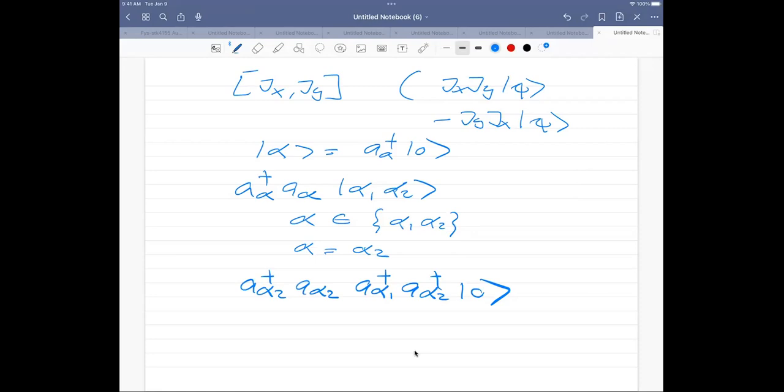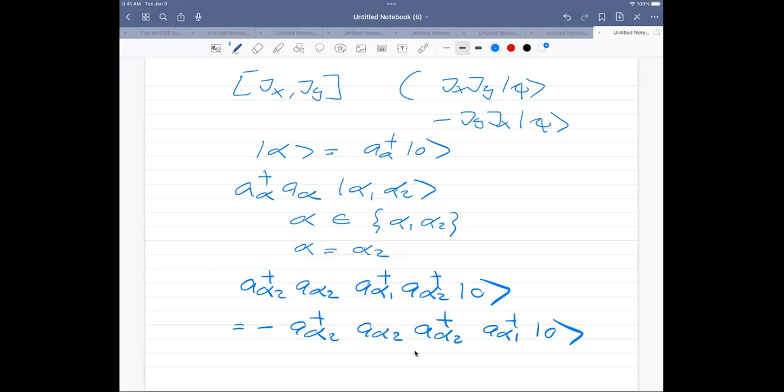So when I now want to see what this gives me, I need to change this to minus, and then I have an A alpha 2, then an A alpha 2 dagger, and then an A alpha 1 dagger acting on zero.